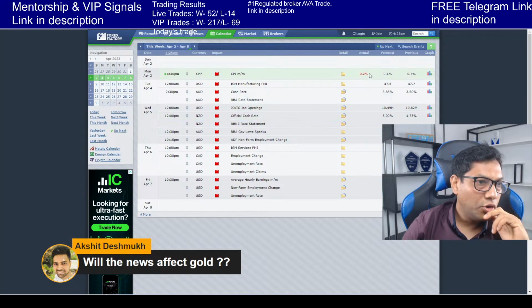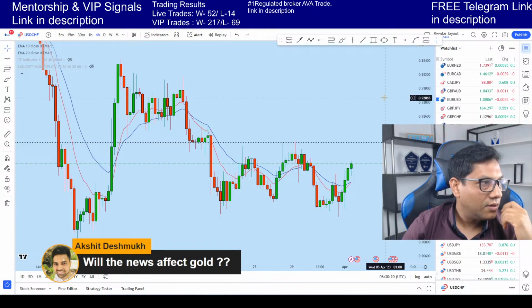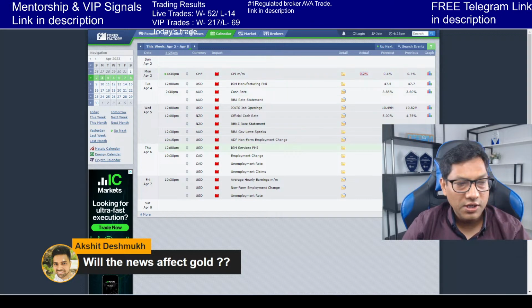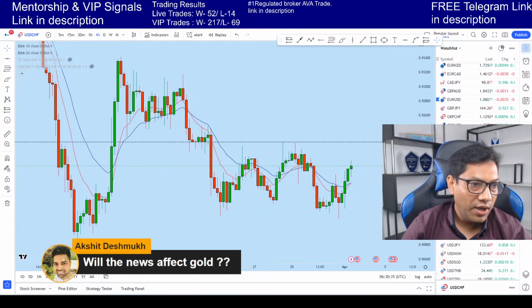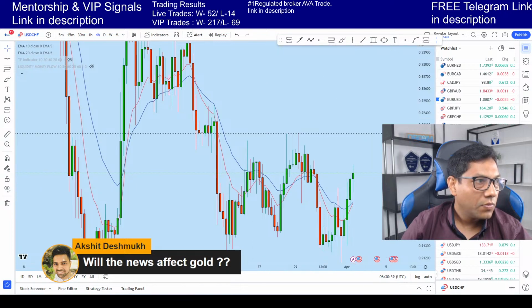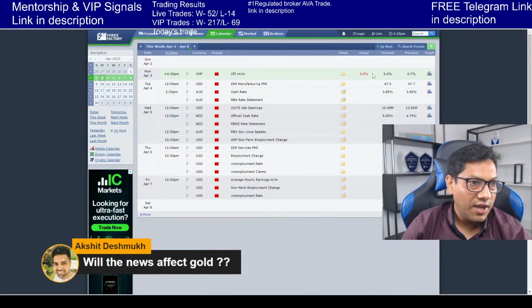Okay, 0.2%. So we could see a little bit of weakness. As a result, you can see the dollar is going up. The forecast was 0.4%, actual is 0.2%. So we have seen that initial weakness in CHF, and you can see this result, actual and forecast.